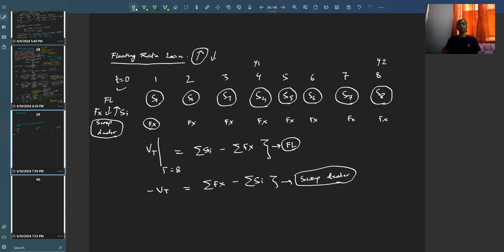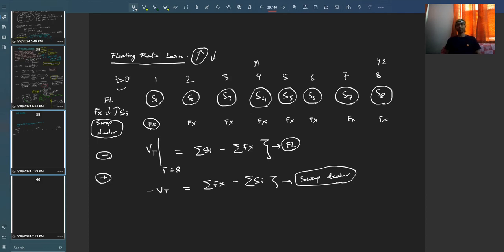Now, if the swap dealer's speculation for these interest rates for the next 8 periods or 8 quarters does not match the actual numbers, then there are chances that the swap dealer will be in loss. And if it matches the swap dealer's speculation, then most of the time the fixed rate will be such that the swap dealer will be in profit.